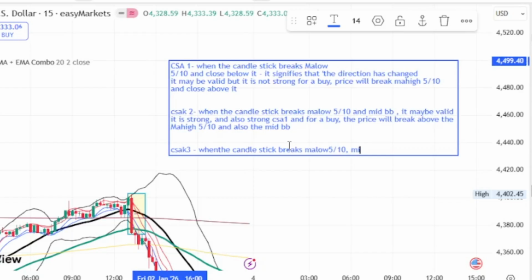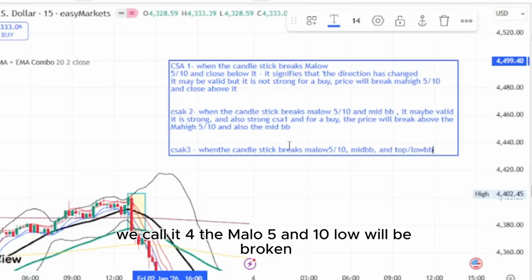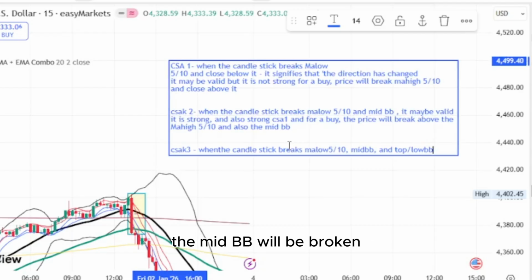So in this one, three things are going to happen, or probably four. We'll call it four. The moving average 5 and 10 low will be broken, the mid BB will be broken, and the top and low BB will be broken. Once these four things happen, it is valid.